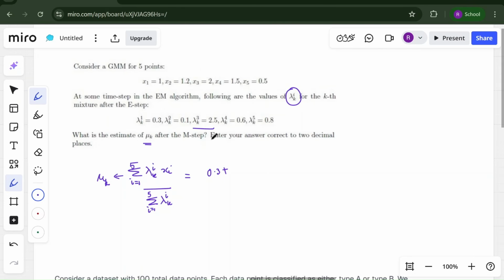See, how do you compute lambda k i? It is a probability, right? You have lambda pi j times the normal distribution, divided by the summation of pi j. So typically, it's not possible.